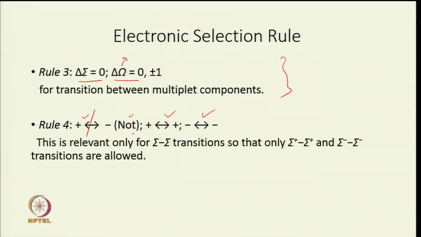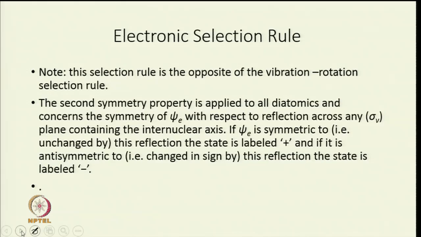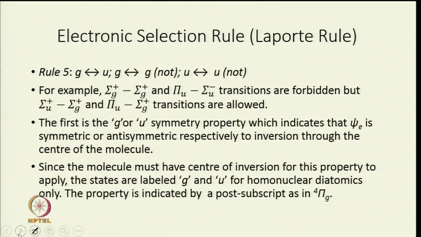Since plus and minus is only relevant for sigma to sigma transitions, sigma plus to sigma plus and sigma minus to sigma minus transitions are allowed. The other part is about how to label plus or minus, so I will just skip this. The second selection rule, which is known as the Laporte rule, is also based on symmetry with respect to the inversion center.